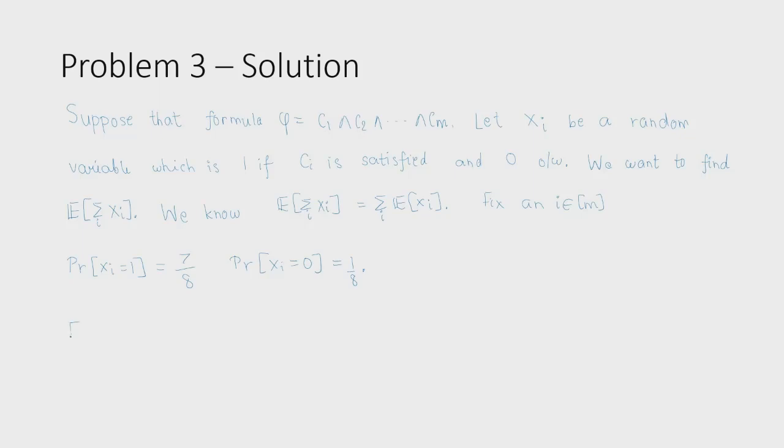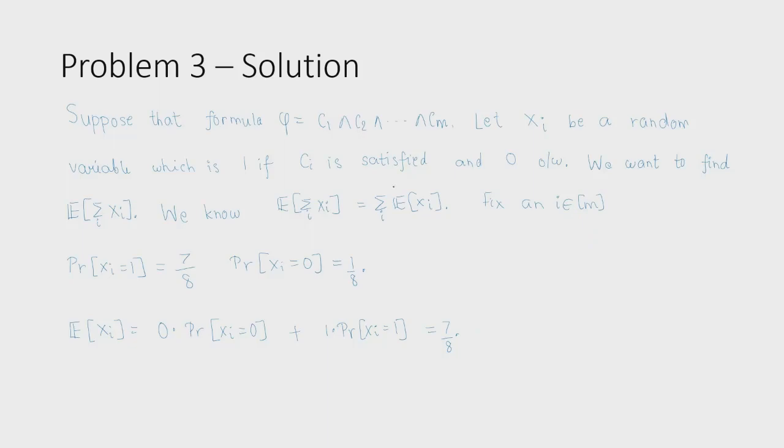By definition, the expected value of xi is 0 times the probability that xi equals 0 plus 1 times the probability that xi equals 1, which is just 7 over 8.